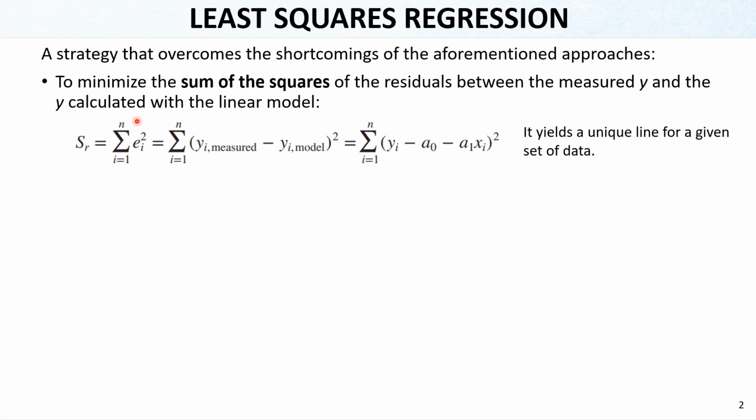And this time the results show that it gives only one, most suitable line that fits the data. So it yields a unique line for a given set of data. That's why this is the best approach, and it's called least squares because we have the squares and we want to find the least value of these squared errors, and it is given as SR.